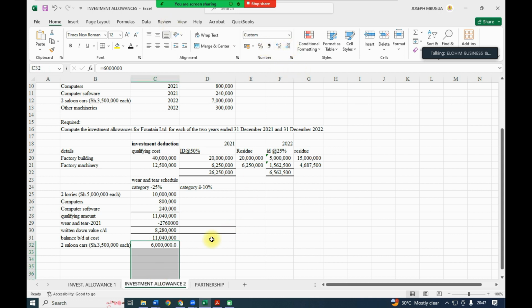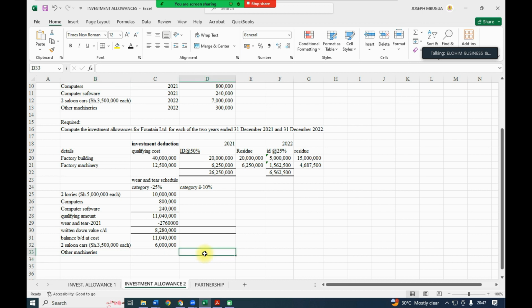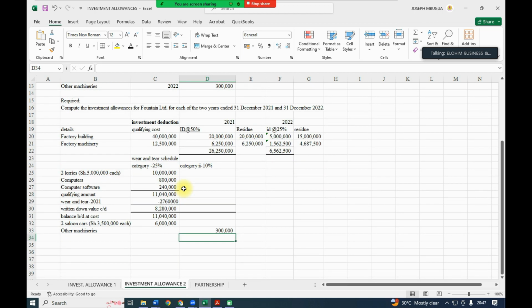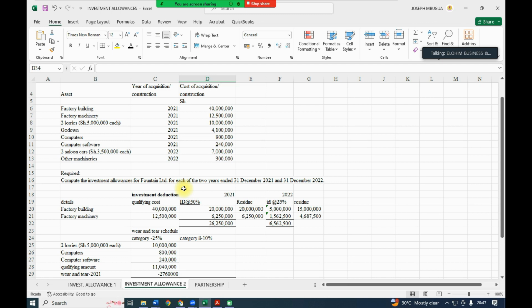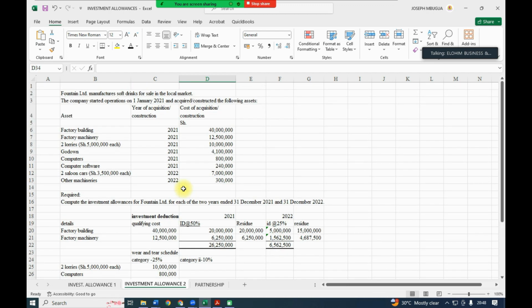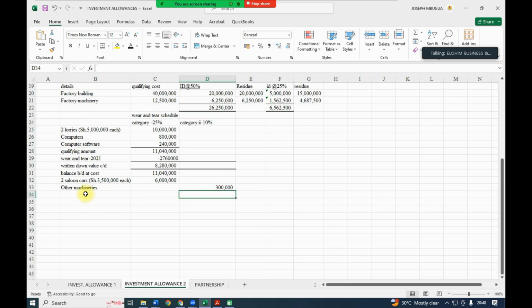Then the other was other machinery, which I've said is category 2, at 300. I think that's all. Apart from the go down, the farm machinery, factory building and factory machinery were already included in the investment deduction. So that's all for 2021 and 2022. We calculate these before we go to the next.